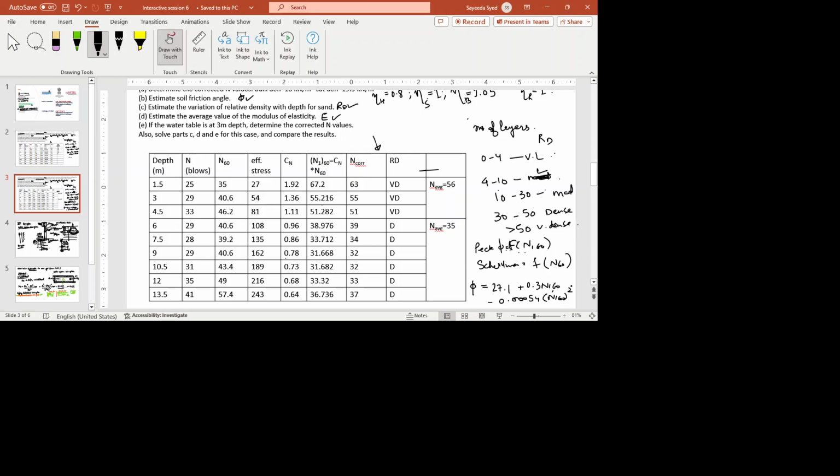So let's calculate based on this. This is phi dash. So actually Peck has given in a graphical form, and it was then given in a formula form by Wolf.